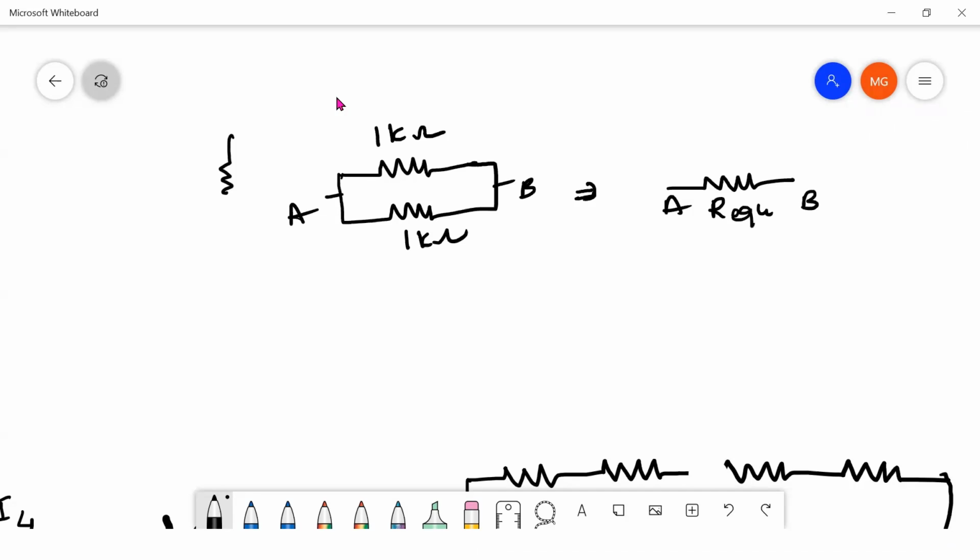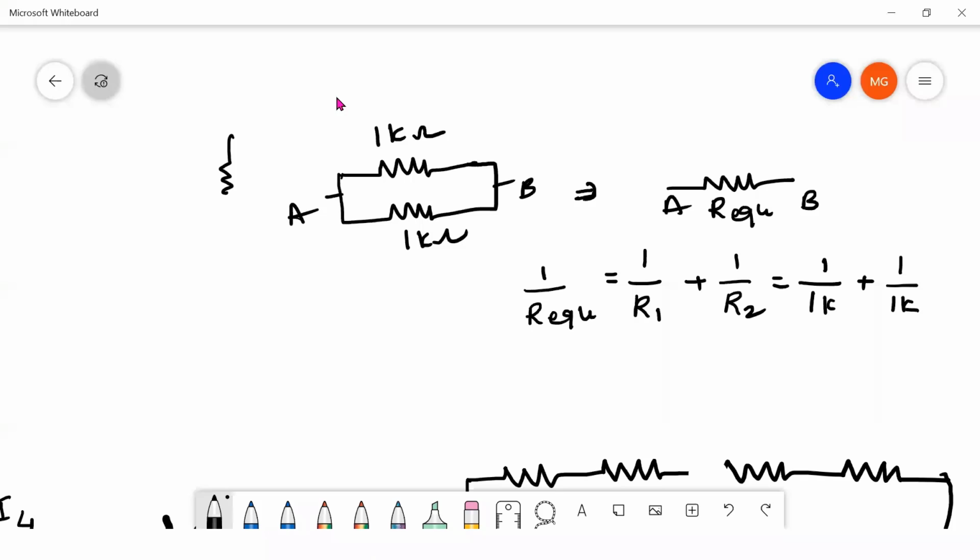Okay, what is the formula? 1 divided by R equivalent equals 1 divided by R1 plus 1 divided by R2. What is the R1 value here? Here it is 1k. What is R2?